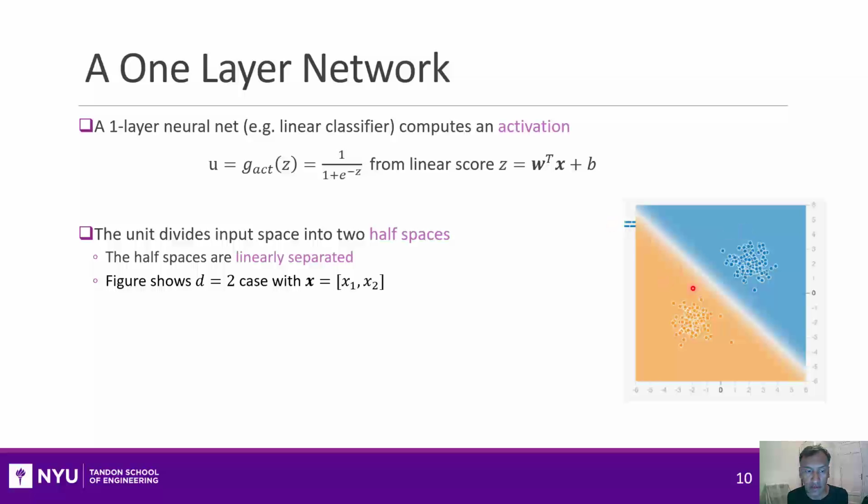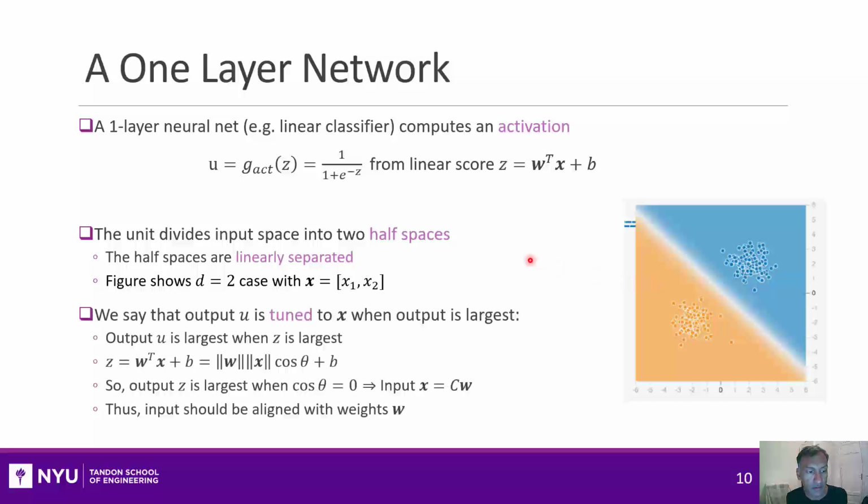And what we can say then is that an output is tuned to an input x whenever its output is largest. In this case, that will correspond to one of the two half spaces.